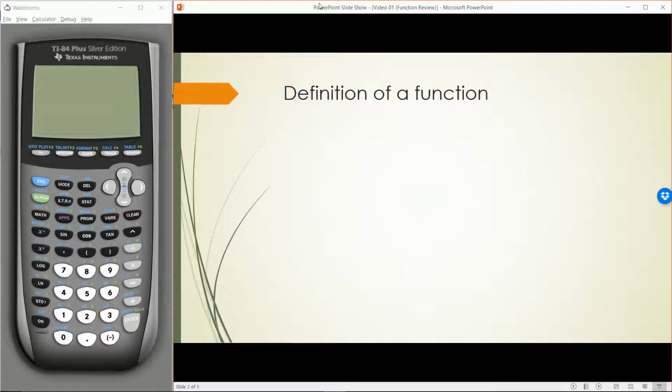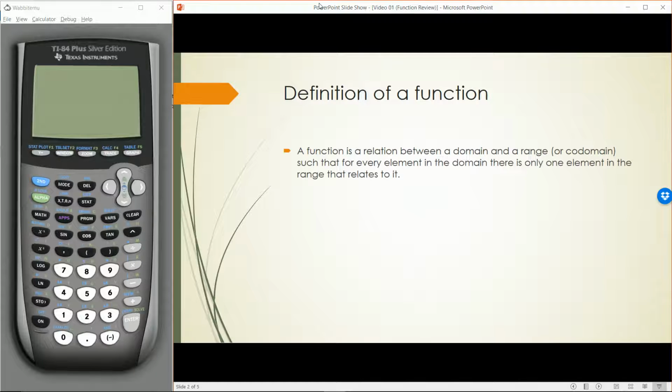First, the definition of a function. Most of you already have heard of functions before. So this is a little bit of a wordy definition of it, but a function is a relation between a domain and a range, also known as a codomain, such that for every element in the domain, there's only one element in the range that relates to it.